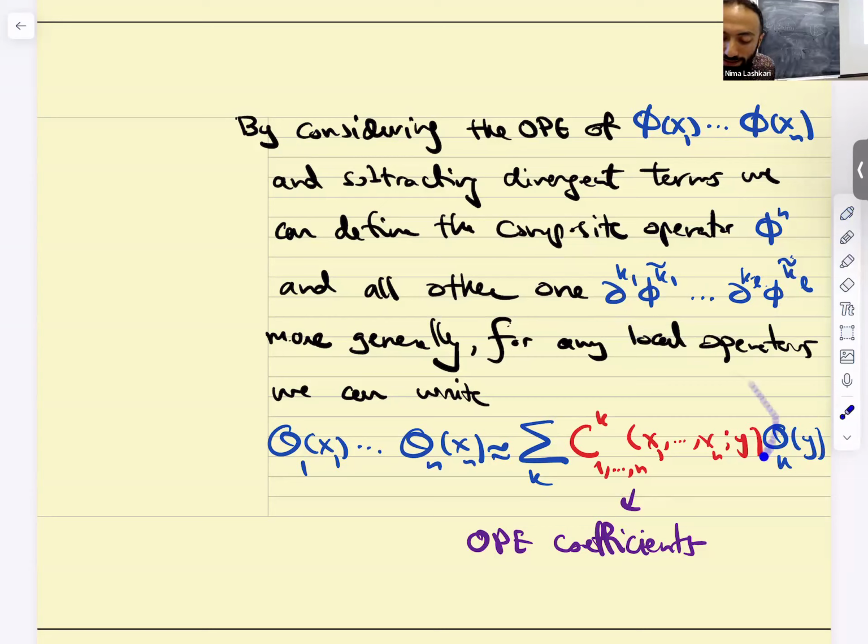All that data is in these OPE coefficients. So the definition of quantum field theory becomes a set of OPE coefficients. These are functions of n plus 1 variables, x1 to xn, comma y. There is a label k that labels all the local operators in your theory. Now, there are consistency relations that we're going to discuss for these OPE coefficients.